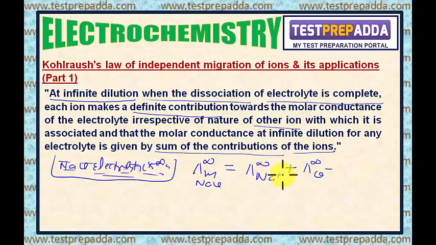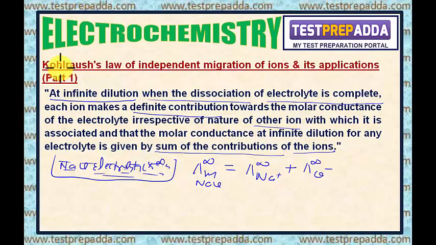Another interesting point here is that the contribution of Na plus is not influenced by Cl minus, by the presence of other ion. Whether Na plus is present with Cl minus or Br minus or any other anion, the contribution of Na plus will remain the same at infinite dilution.